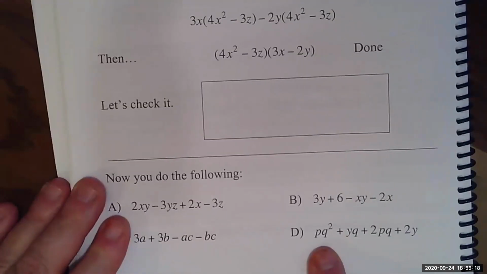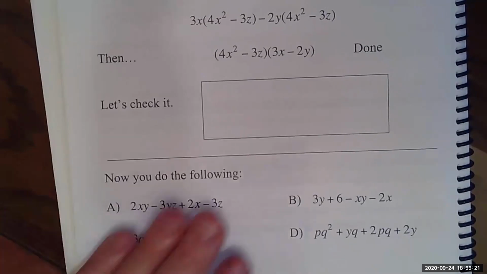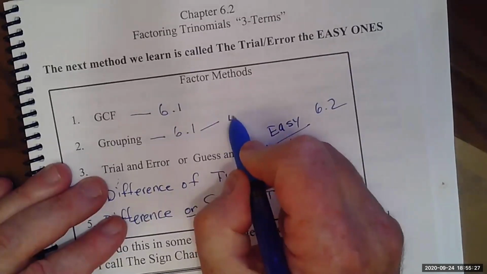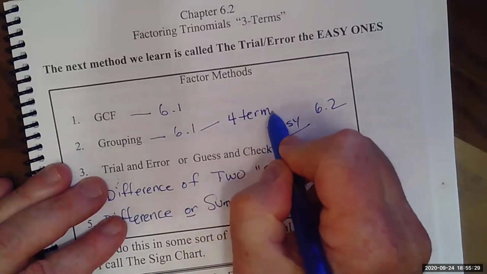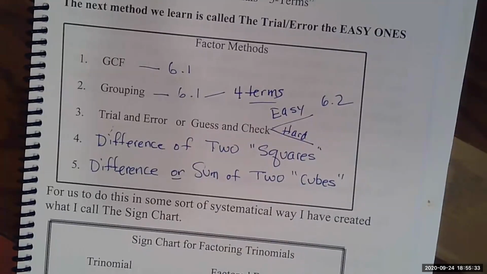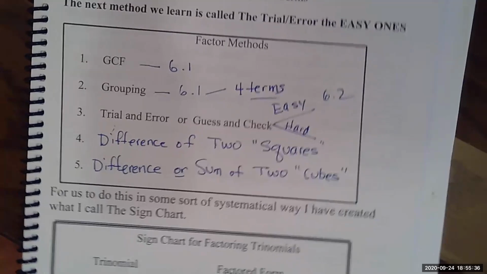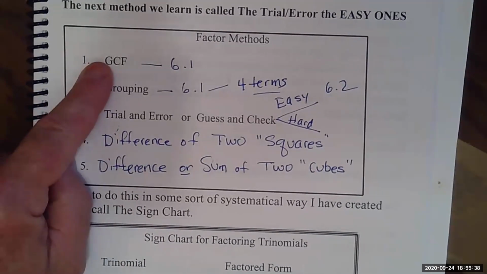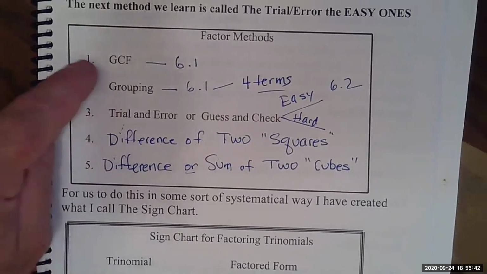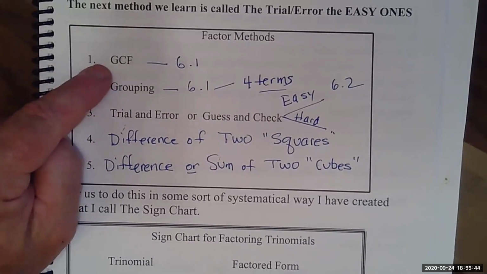Oh, messy, but four terms. So in your packet page over here, I think I would write as a hint: four terms. Anytime you have four terms, figure that you would try grouping. A little hint. But you always do GCF first, every single time. And then if you have four terms, you try that. So if you GCF'd, it's always what's left over.